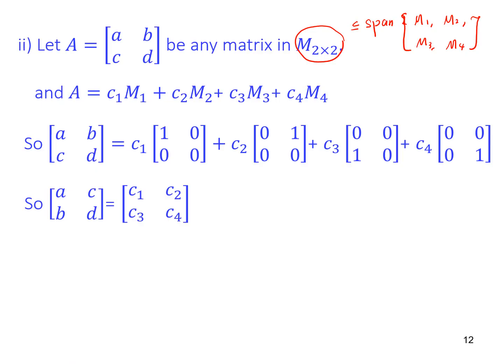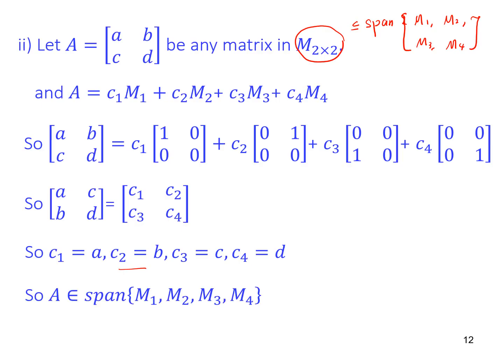We find that the scalar C1 is equal to a, C2 is equal to b, C3 is equal to c, and C4 is equal to d. This guarantees the existence of all scalars C1, C2, C3, and C4, and therefore A is in the span of M1, M2, M3, and M4.